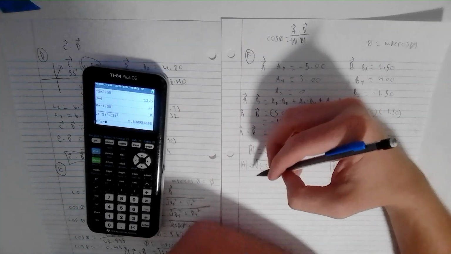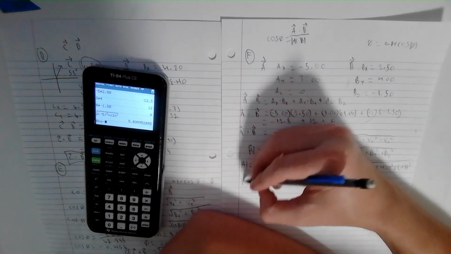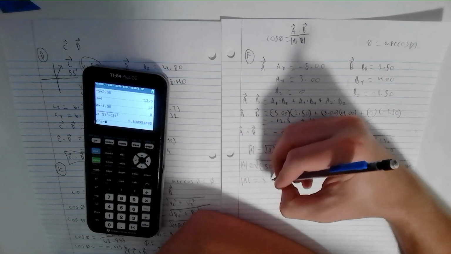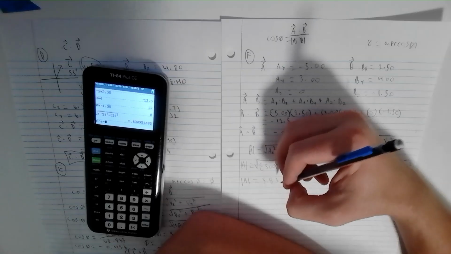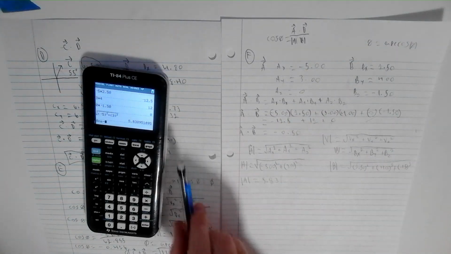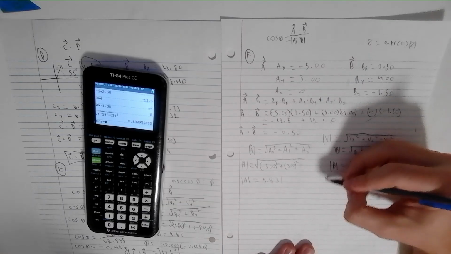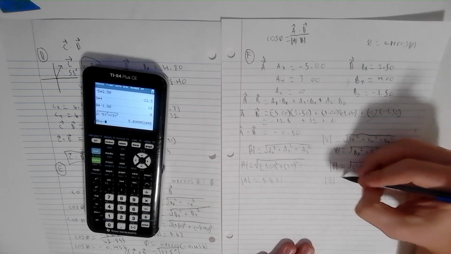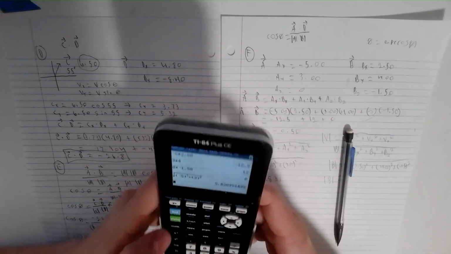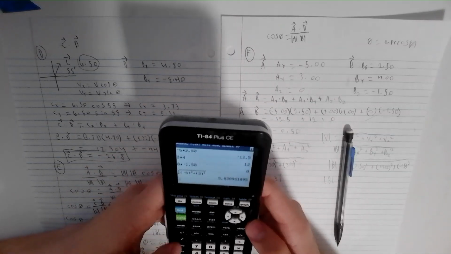So we get for A 5.83, round that to 5.831, and for vector B, wrong button. There we go.